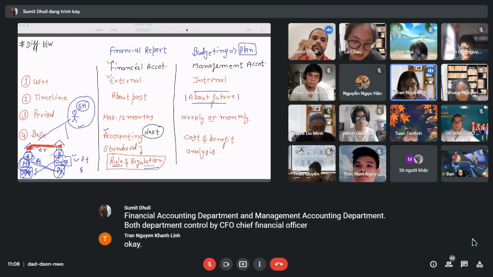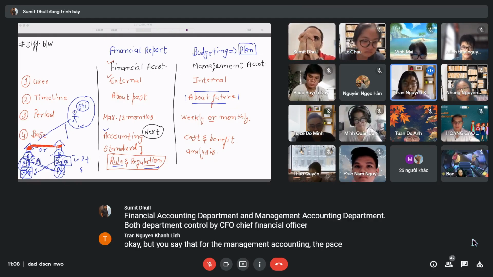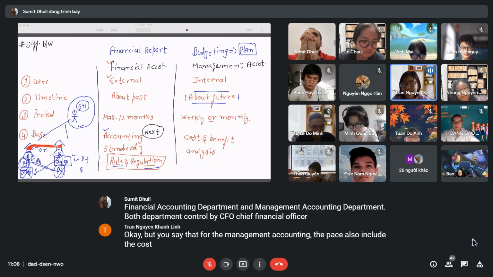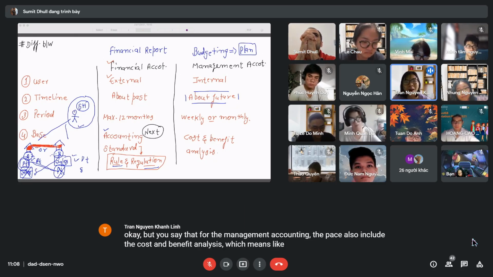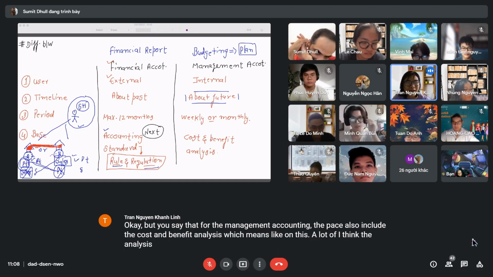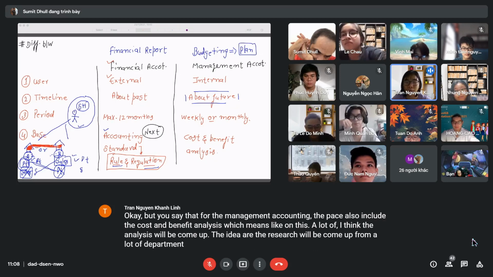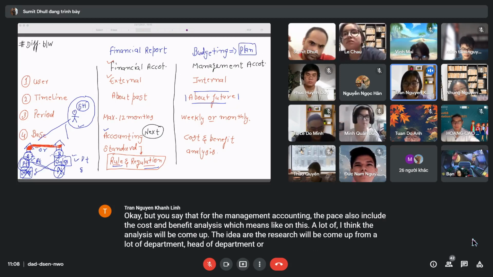Okay, but you say that for management accounting, the base also includes cost and benefit analysis, which means there's a lot. I think the analysis or the research will come up from a lot of departments, heads of department, or the managers.